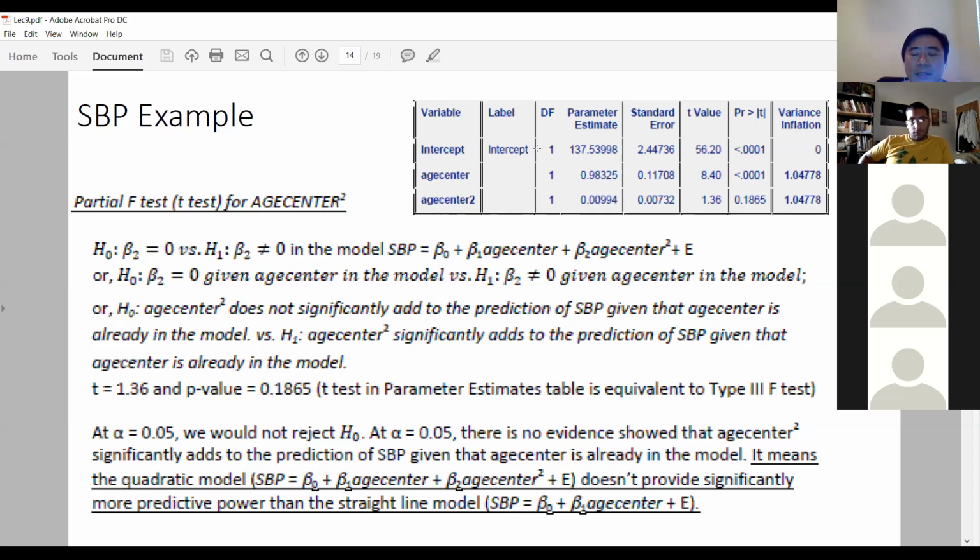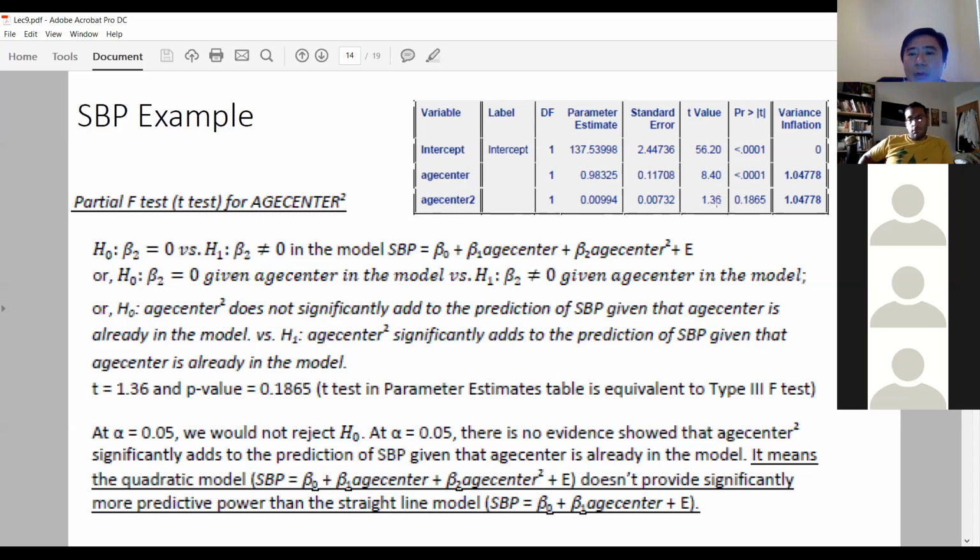This is from the SAS output for each term. For example, you have a t-test for the linear term and a t-test for the quadratic term. For that task, you're just looking at the score for that specific variable, and this is equivalent to the partial F test. You're not going to get an F value, but you'll have a T value.